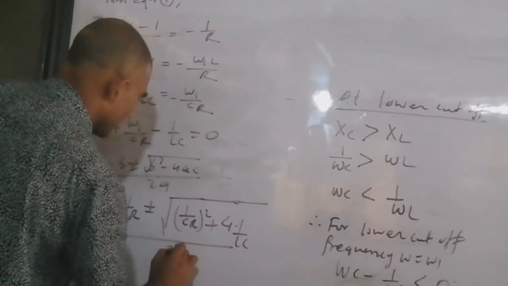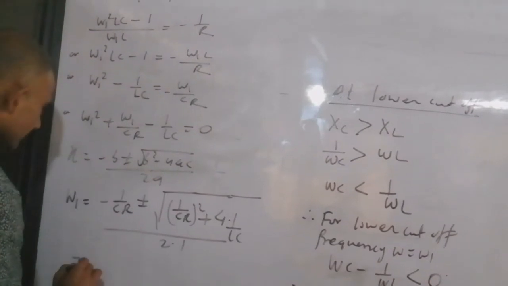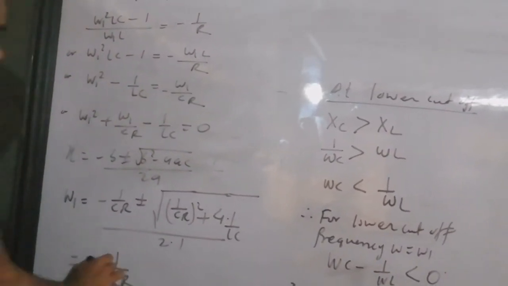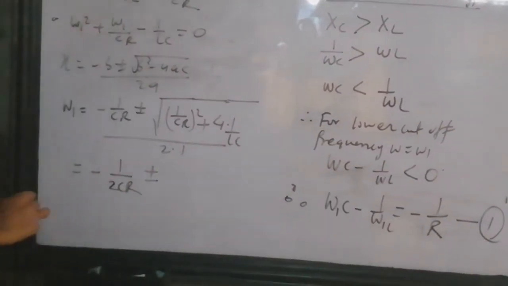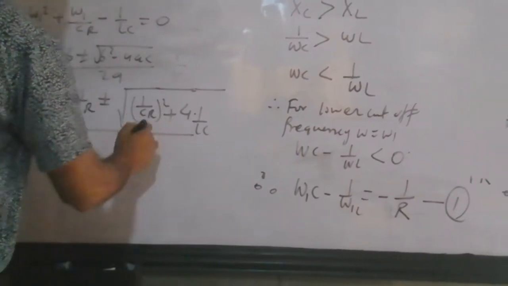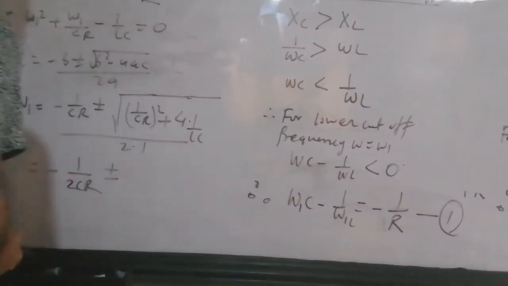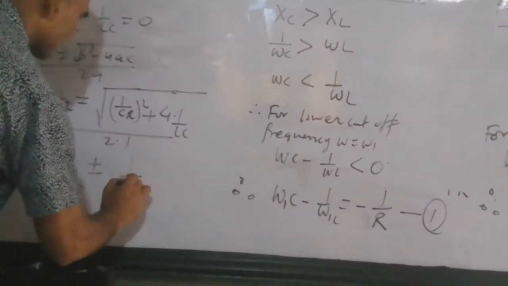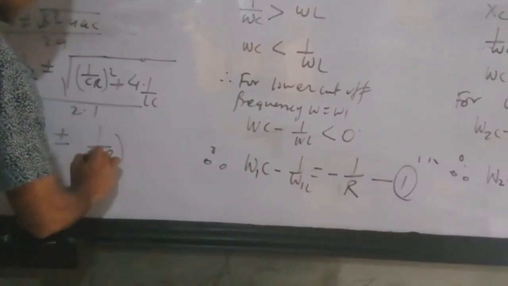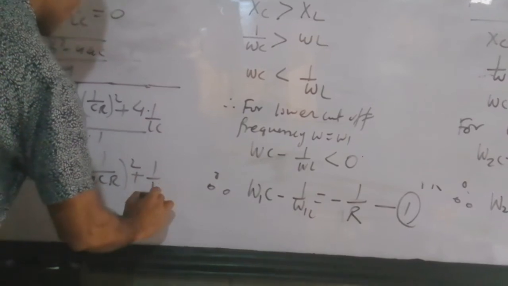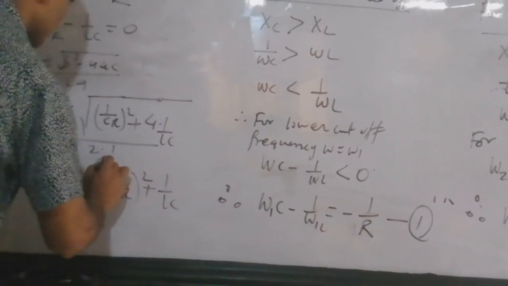So 2a is 2, and I can write this as minus 1 by 2CR plus or minus the root of, taking the 2 inside the bracket, 1 by 2CR whole squared, since the 4 cancels, plus 1 upon LC.